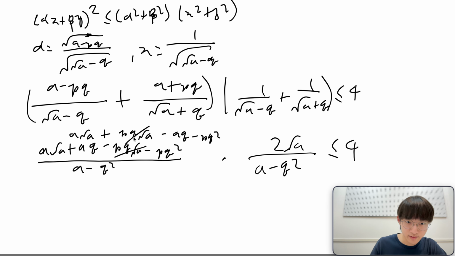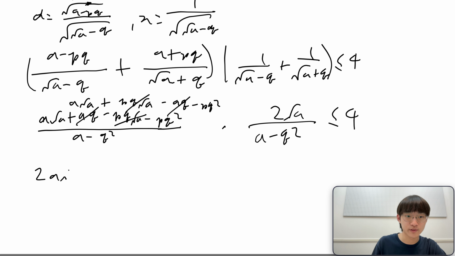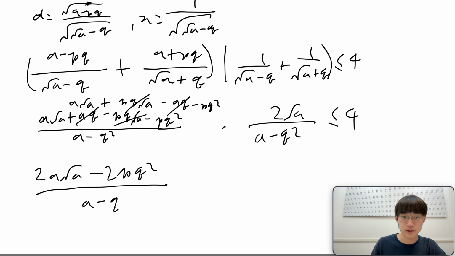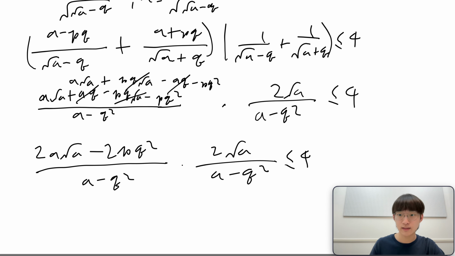Now this cancels out, so we get 2a root a minus 2pq squared over a minus q squared times a minus q squared over 2 root a is less than or equal to 4.